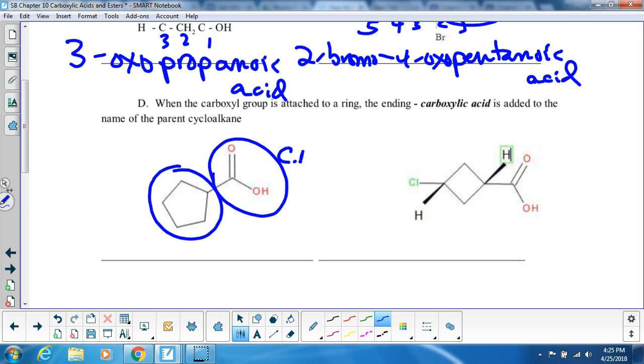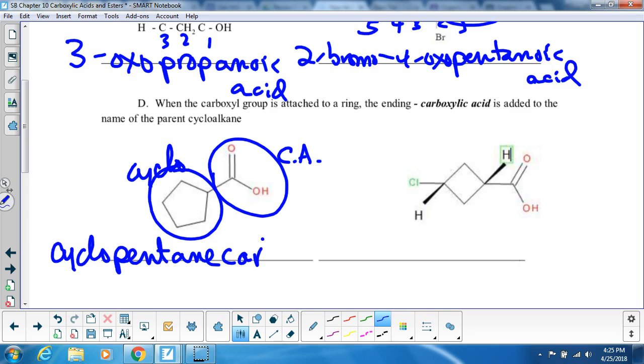So this is my carboxylic acid. This is my cyclo. So watch how this is named. This is called cyclopentane carboxylic acid. Oops, only one L. Sorry about that. There we go.